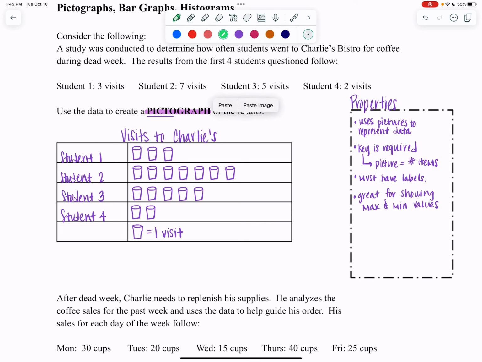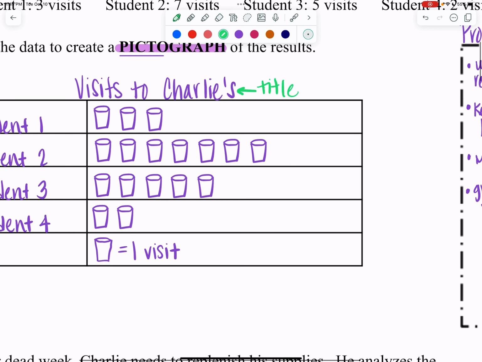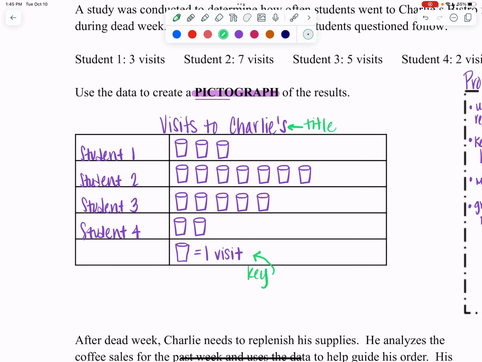If you want the parts labeled, we have a title right here. We had a key. The key was what told us what each picture stood for.